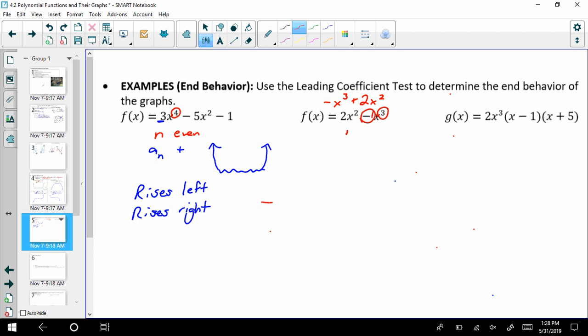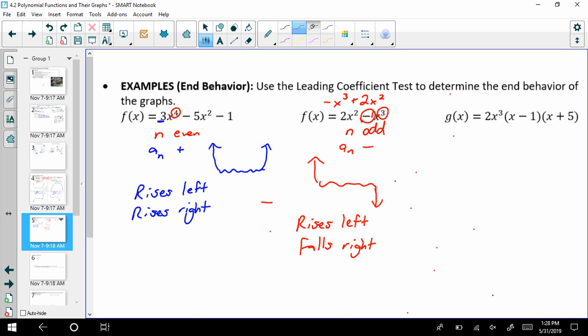So since my n is odd and the number out front is negative, odd, I want to think opposite. And since it's negative, I know the graph will be falling from left to right. So we would say it rises on the left and falls on the right side.